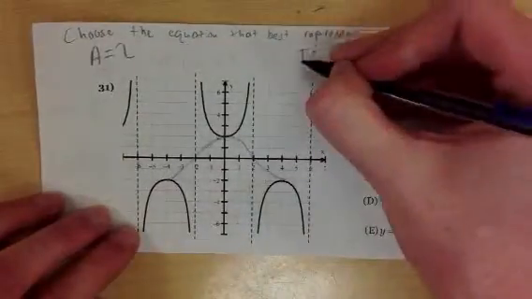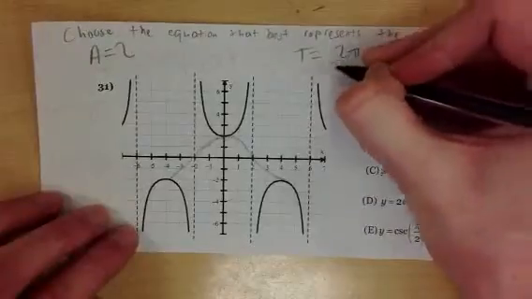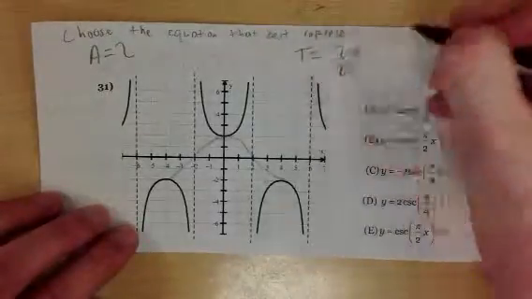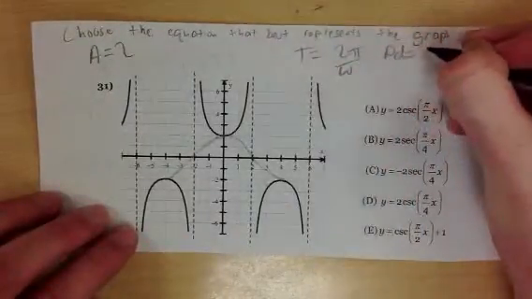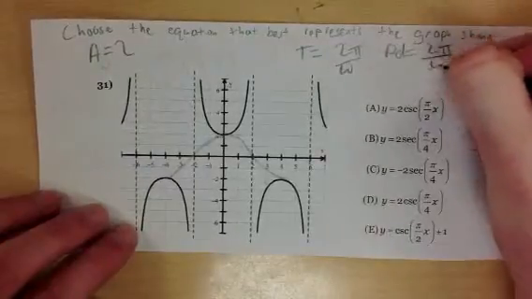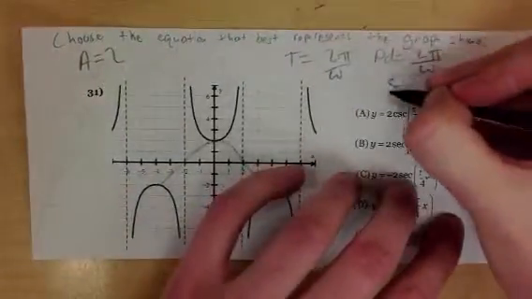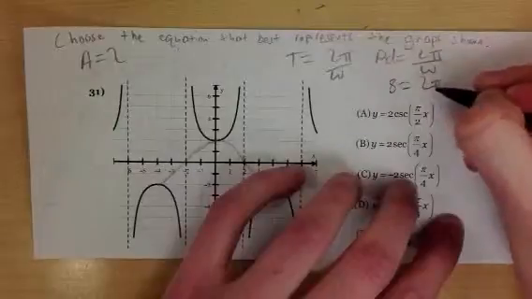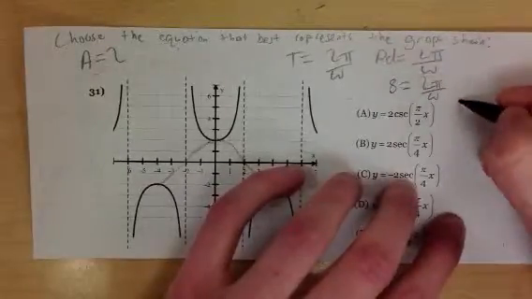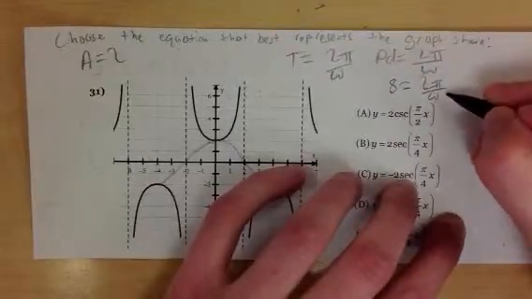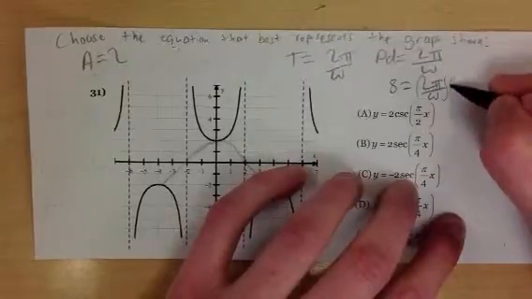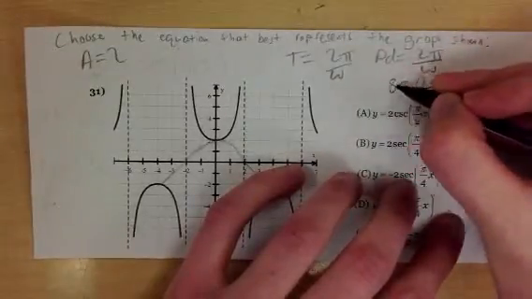And with the equation T equals 2 pi over omega, or period equals 2 pi over omega, we have 8 equals 2 pi over omega, and then we have to multiply omega by each side, so it would cancel out right here, and then it would be 8 omega over here.